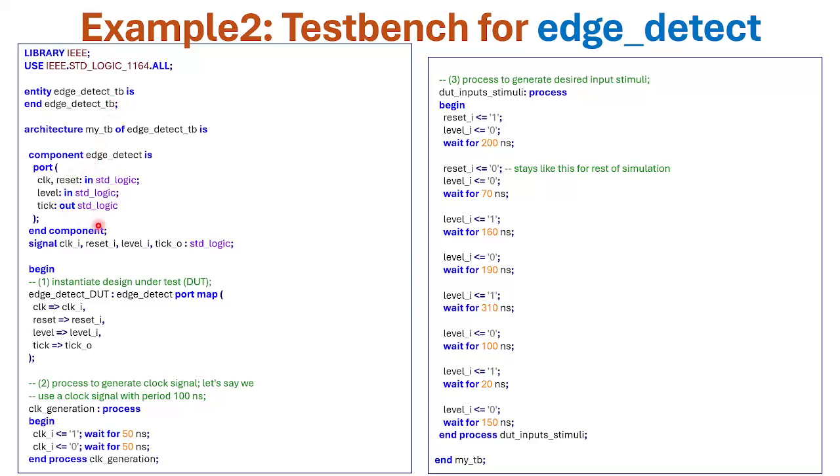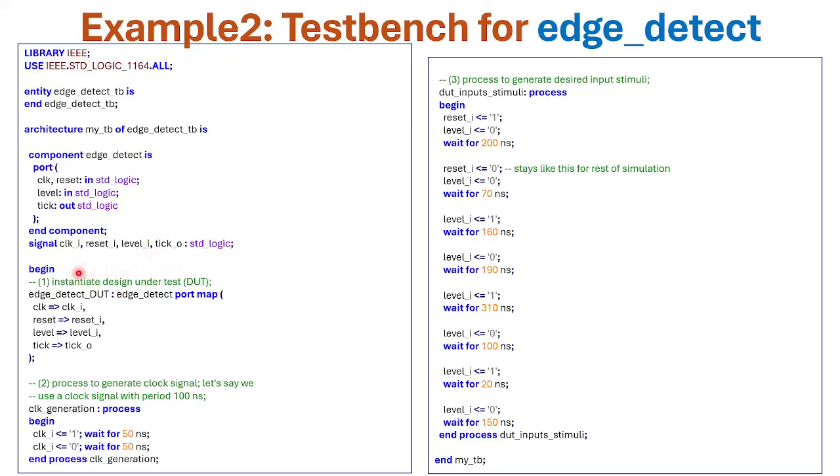The component declaration is right here, and a couple of local signals: clock_i, reset_i, level_i, tick_o. This is one aspect of my own coding style of adding this _i for saying that it's going to be a local signal used as an input for the input stimuli, and _o for outputs. It's going to just make browsing through the waveforms a little bit easier, but it's not that relevant.